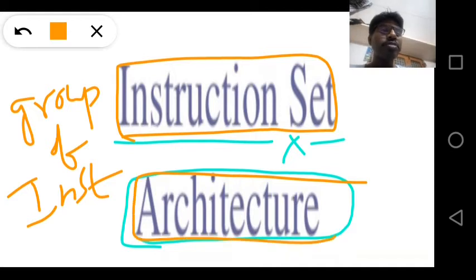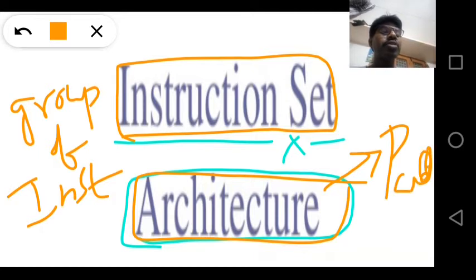Then what do you mean by architecture? Architecture is with respect to parallel processing: how to write instructions for a vector processor or array processor, or how to write instructions for a pipelining processor. All those things we'll discuss in instruction set architecture.